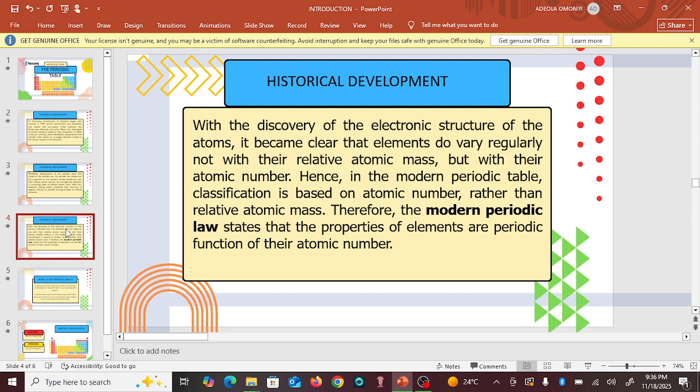Hence, this gave rise to modern periodic classification. So the modern periodic table was based on atomic number rather than the relative atomic mass that Dmitri Mendeleev used. So the modern periodic law states that the properties of an element are a periodic function of the atomic number, unlike that of Mendeleev, which says it is a periodic function of their relative atomic masses.